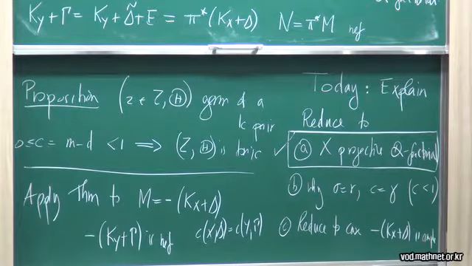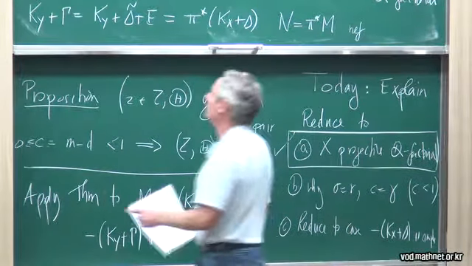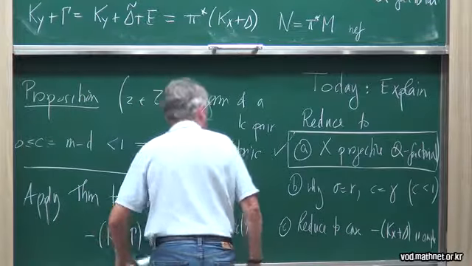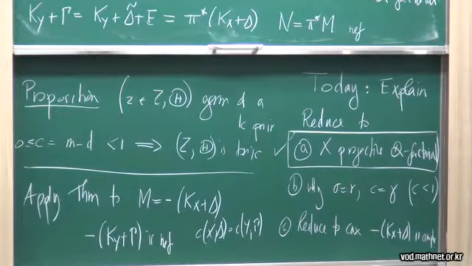Okay, let's see. So that gives you the DLT modification, and that allows you to reduce to the case that X is projective and Q-factorial.